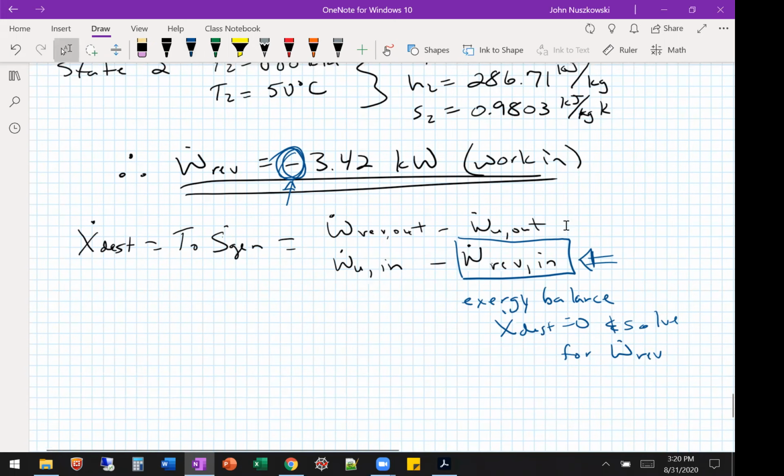Okay, so we did this method right here, straight for reversible work in. Well, you can also go the route of solving for work useful.